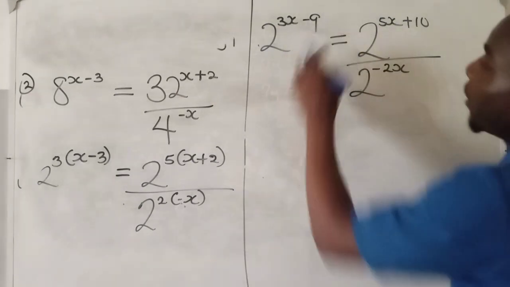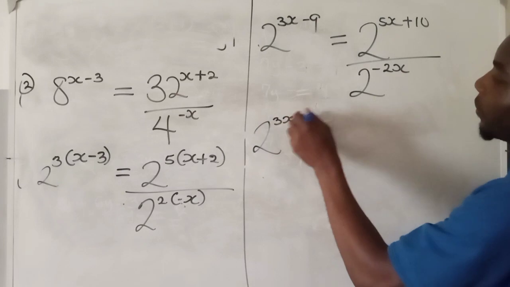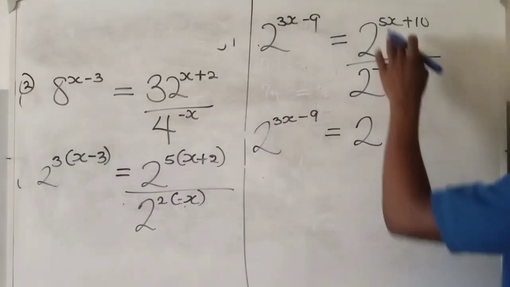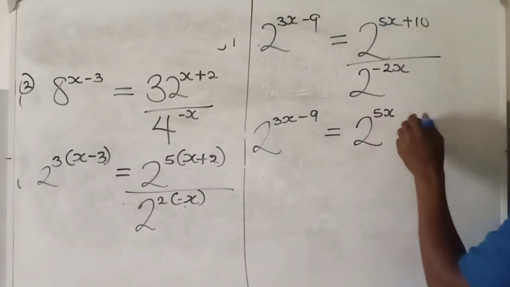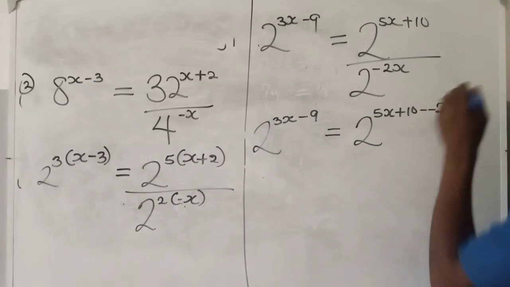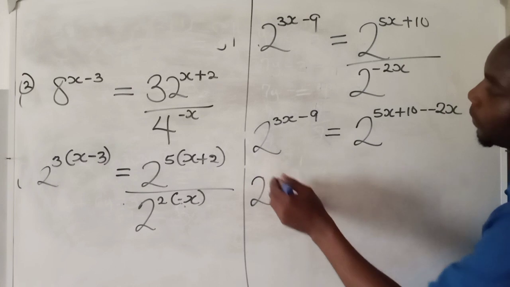Simple. So we'll bring down our 2 raised to the power of 3x minus 9, and our equality sign. So we'll pick one of the two. So we'll have 5x plus 10 minus 2x. So we can bring down our 2.